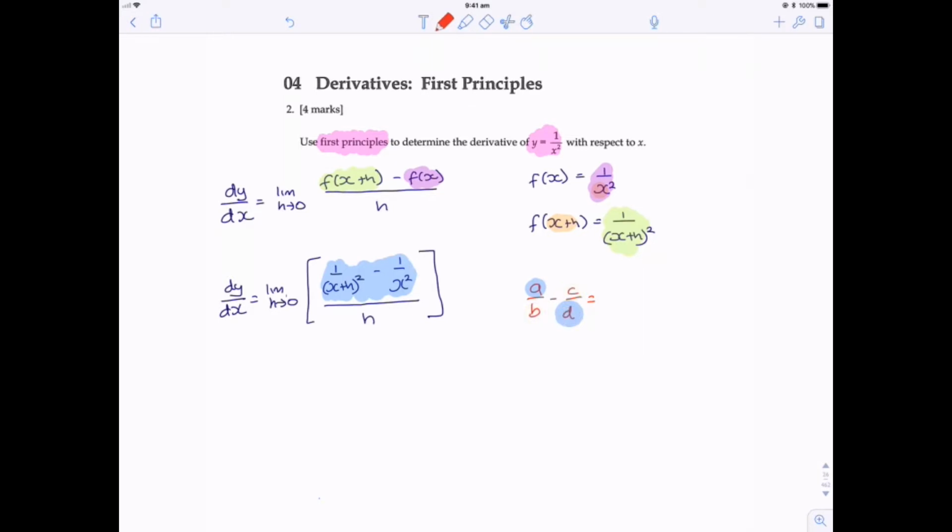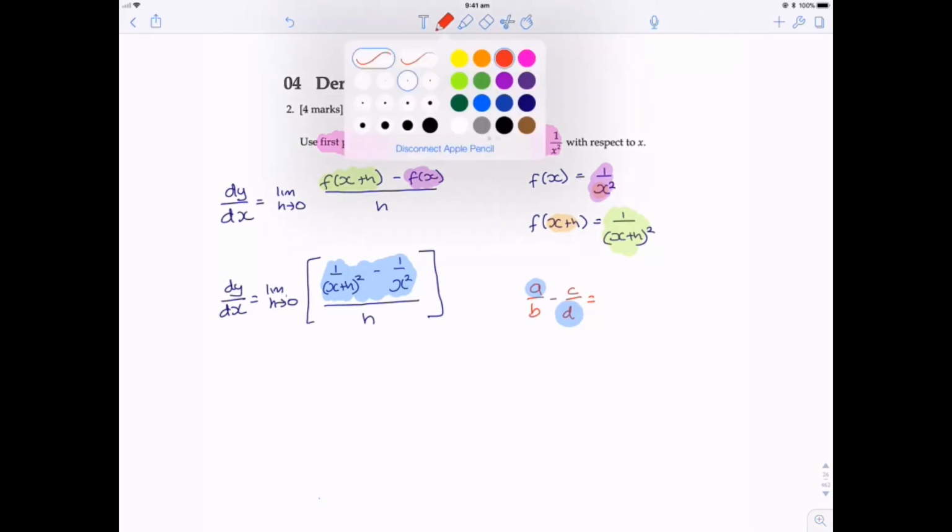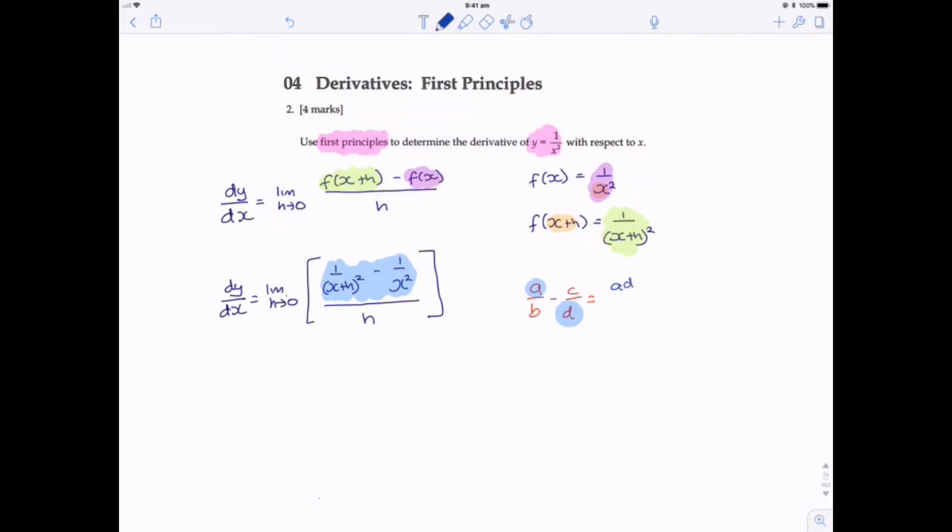Okay, so let's do that again. We're going to do the top times the bottom, and so we get AD minus that times that, CD, all over that times that, BD.